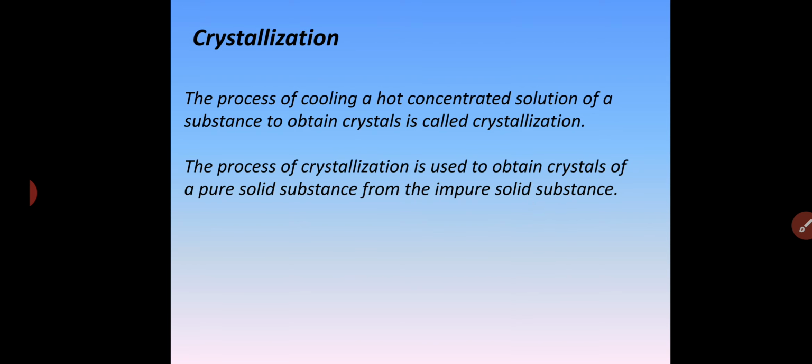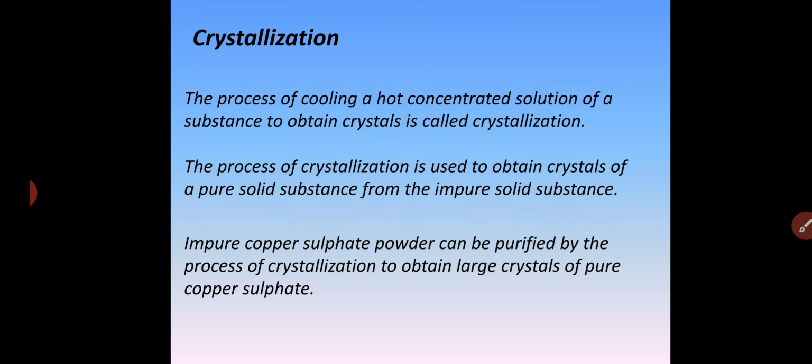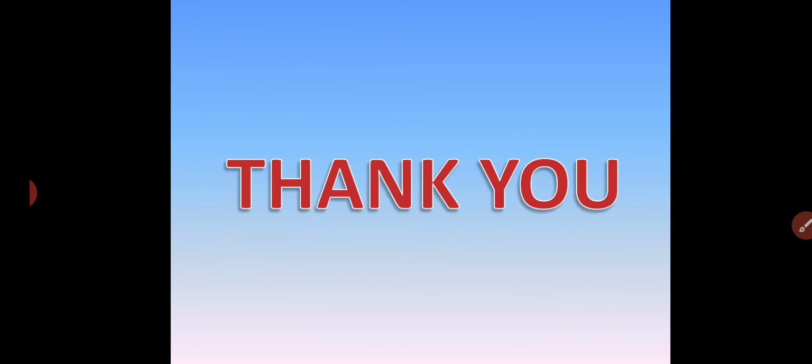Impure copper sulfate powder can be purified by the process of crystallization. Large crystals of pure copper sulfate will be formed with the help of crystallization.